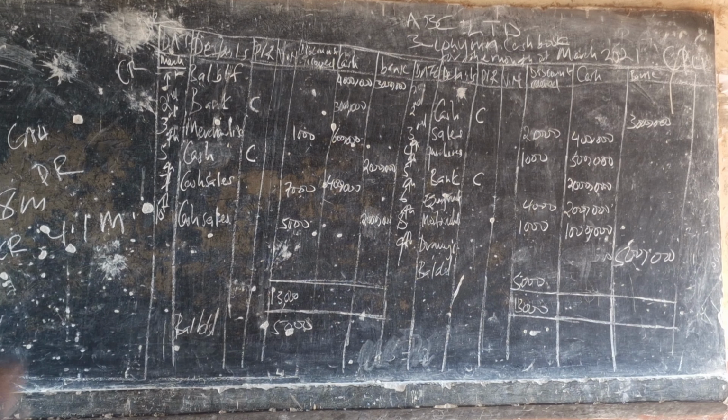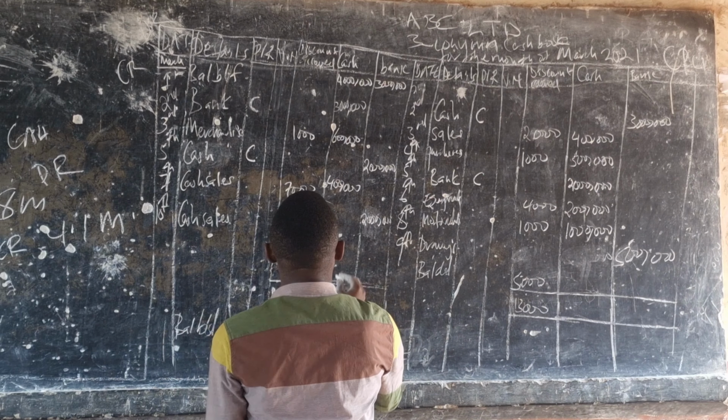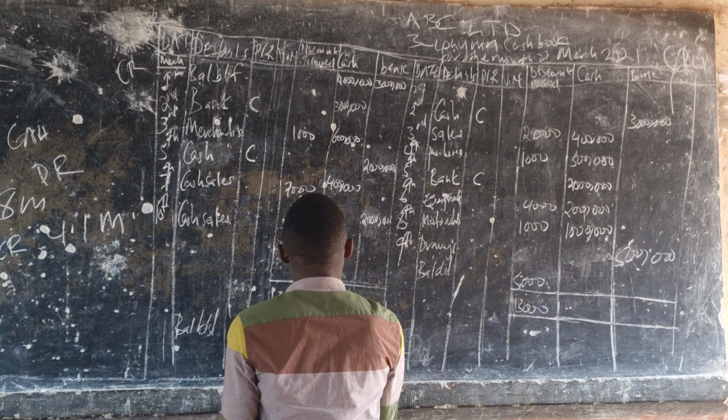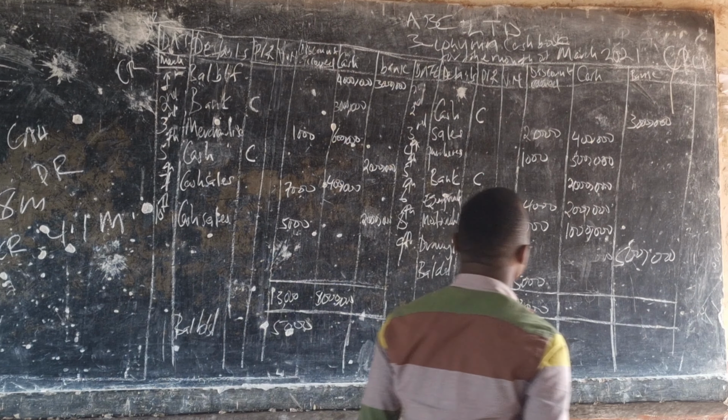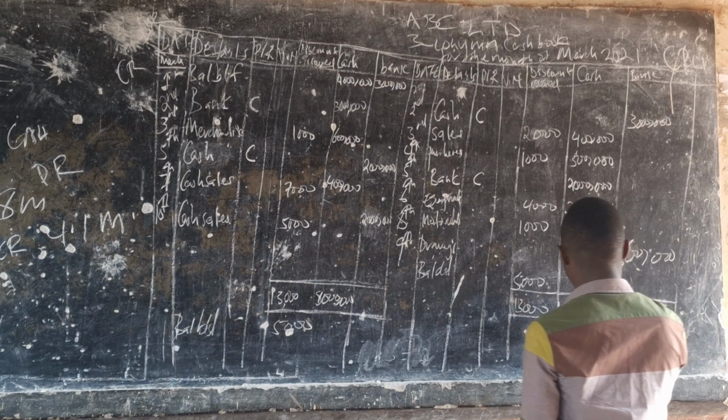It is less. It means that you are going to first record 8 million as the balancing figure on both sides, but on the cash alone here.